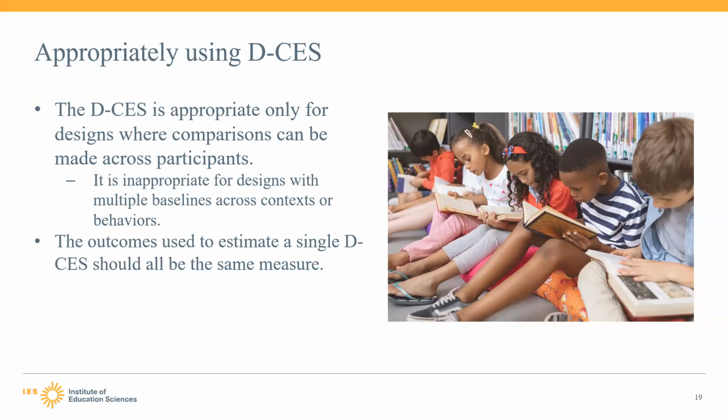So, for an example of a case where it would be inappropriate, and we actually just had a question about this, so I'm glad somebody asked, imagine a researcher evaluating a behavioral intervention for a single student with a behavioral disorder. The researcher might use a multiple baseline design to evaluate the effects of the intervention in a full classroom context, in a pull-out context with an interventionist, and in a home learning context.